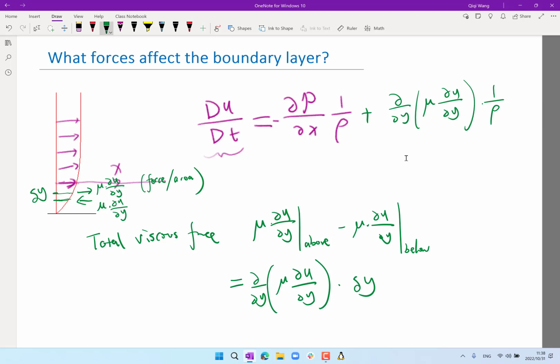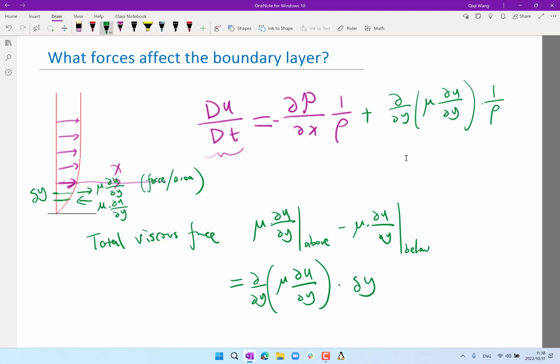Okay, now if you look at a boundary layer profile like this, what is the second derivative of u? Is it positive or negative? Or how does the derivative of u change as you move away from the wall? Right, the derivative of u is pretty much 0 over here. How about here?